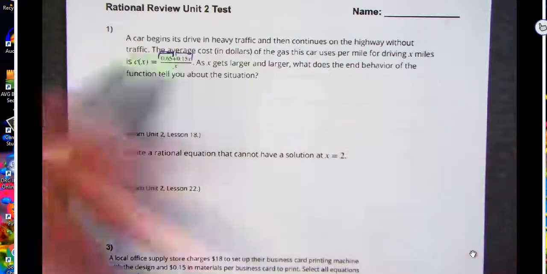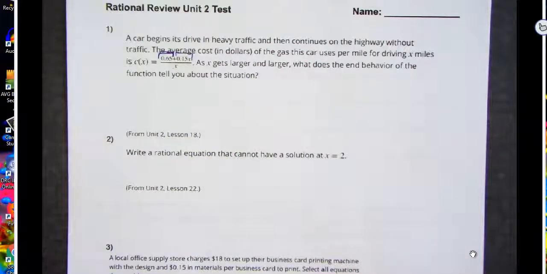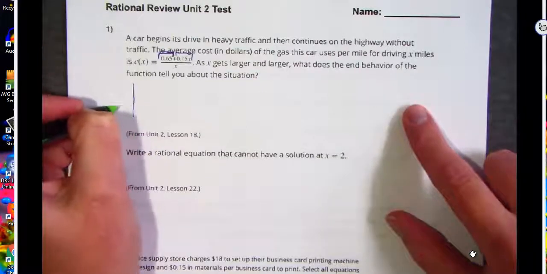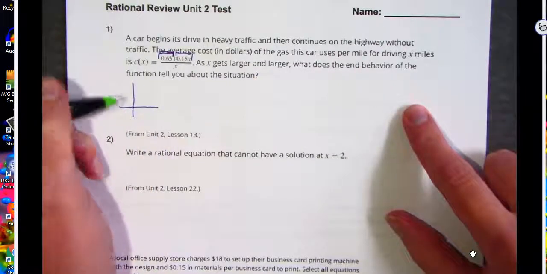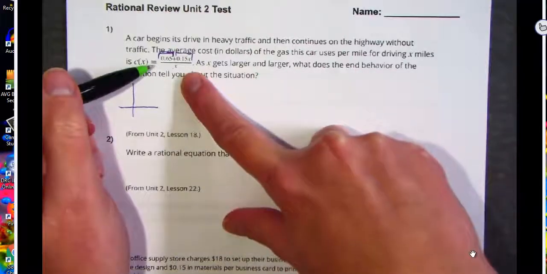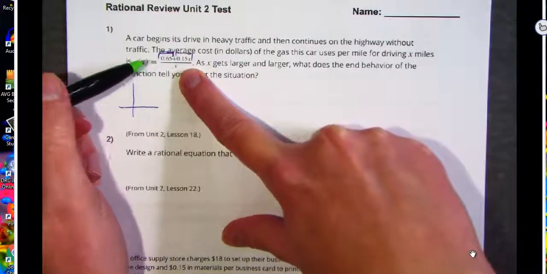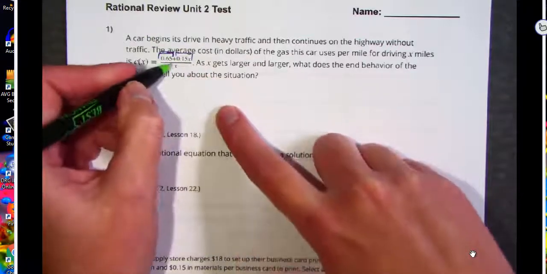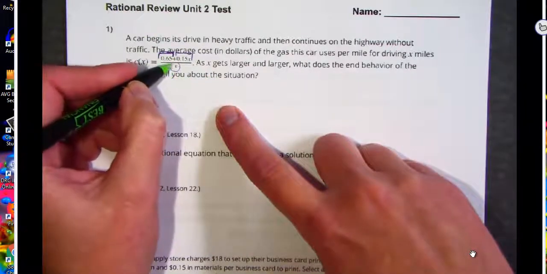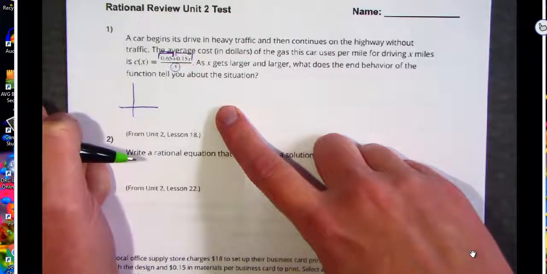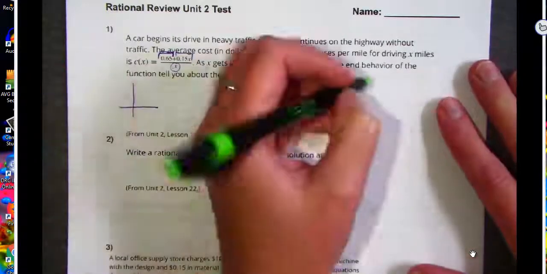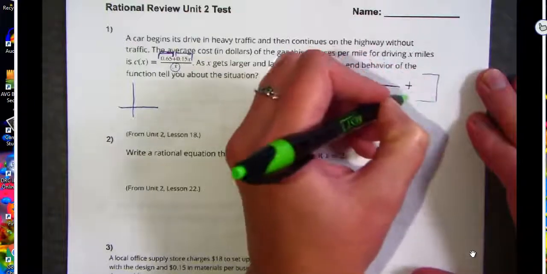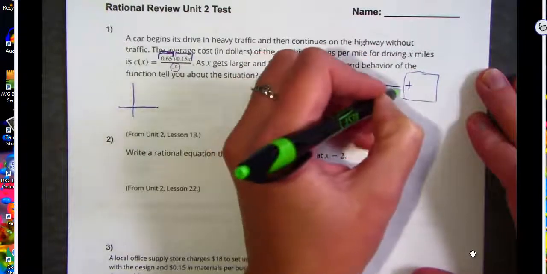We can look at this in a couple different ways, and this one I want to look at in 2 different ways to show it. If we're looking for end behavior, and we're looking at some kind of a graph, we have seen a lot of our rational functions have some asymptotes, and so I start first by thinking about where those asymptotes are happening. When we have 2 parts to it, right?